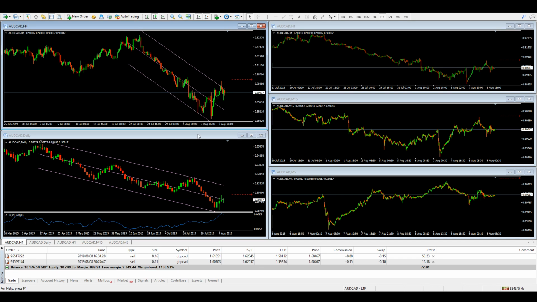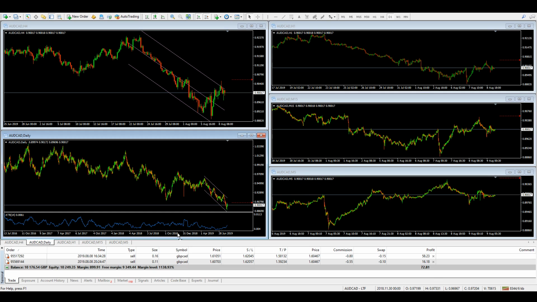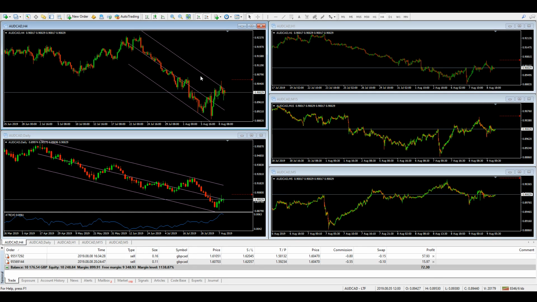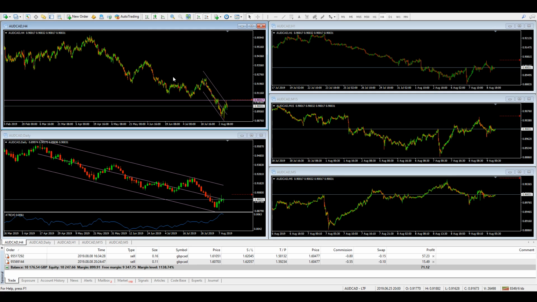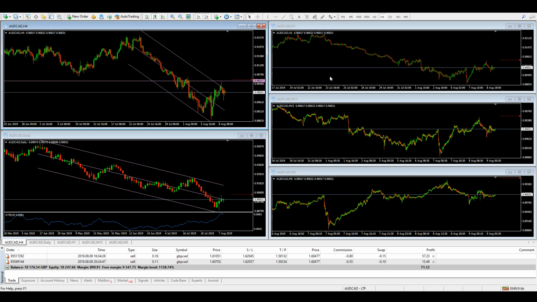We can see if we look on the daily, no, it doesn't really go far that much on the daily. So this level here, I'm just looking to see if there are any other clear areas of support or resistance. No, there will be on the hourly most likely.